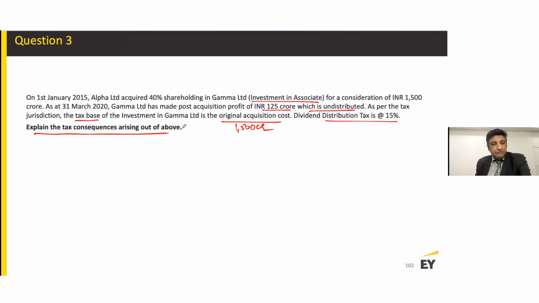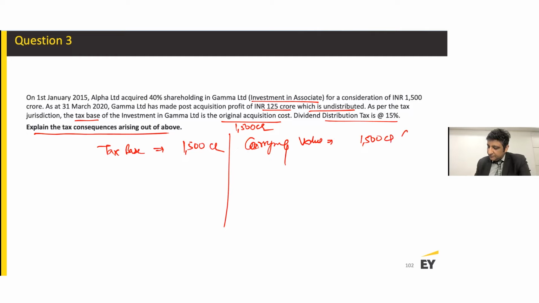Now, with the given information, we are provided that the tax base is 1500 crores. It's clear information, right? I would like to compare that with the carrying value, which is, of course, the cost plus the share of profits.